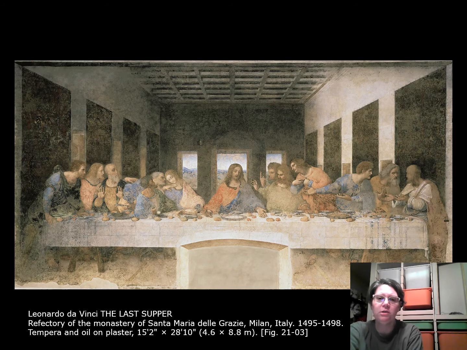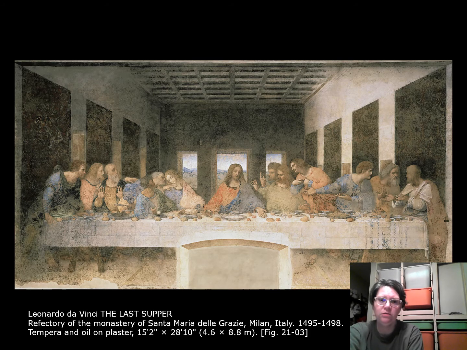So fresco typically is made of tempera and a water-based plaster. Tempera is egg-based, and so it mixes in well with the plaster.